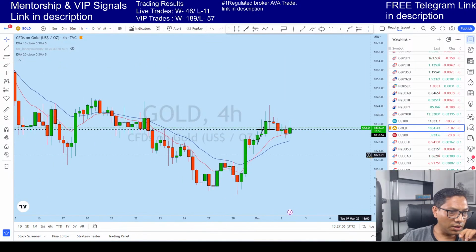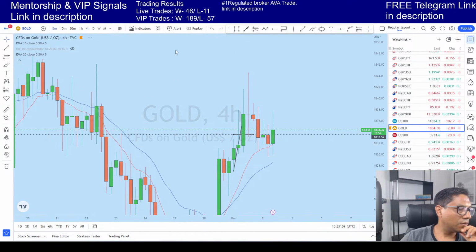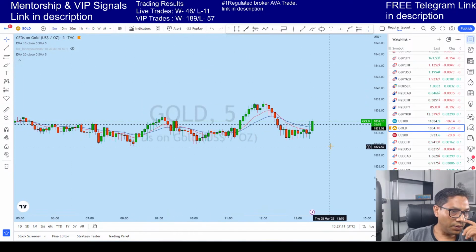See that gold, as I mentioned, from this support, after this doji.